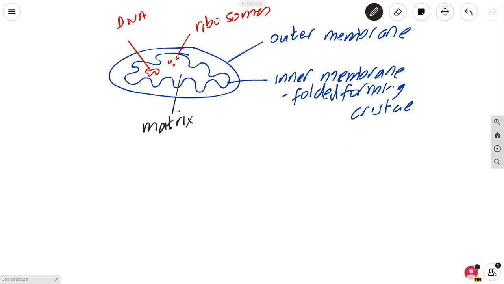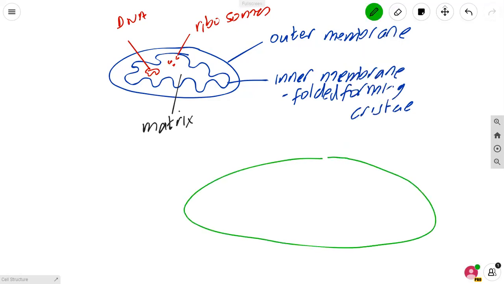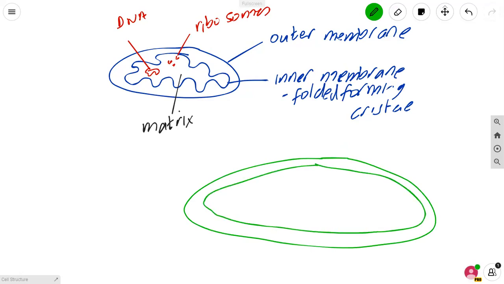Now, if we look at a chloroplast, again, you'll come across these organelles in detail when you do the relevant parts. You've still got a double membrane, an inner membrane and an outer membrane. We don't call it the matrix, we call it the stroma.